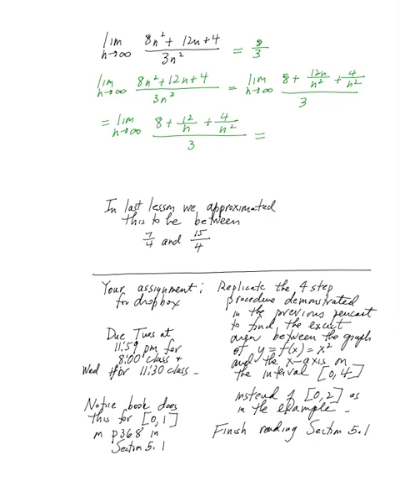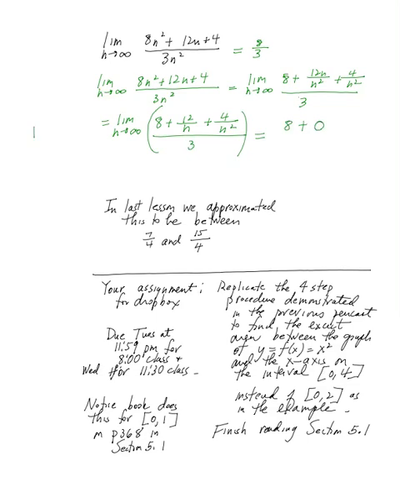Now, when n gets big, 8 is staying 8. 12 over n is going to 0. Remember, when n gets bigger and bigger and bigger, 1 over n is going to 0. So 12 over n would be going to 12 times 0.